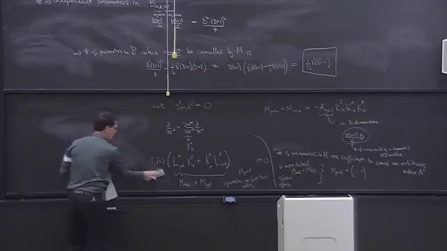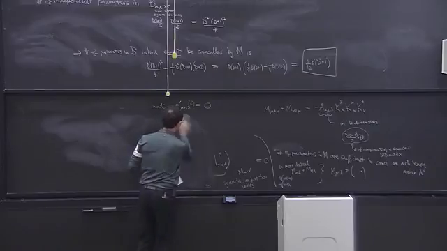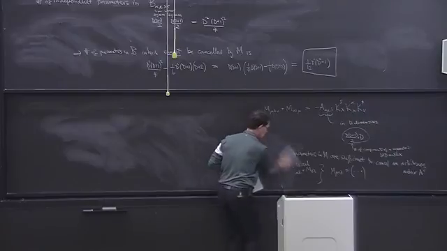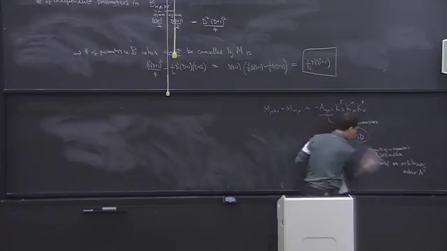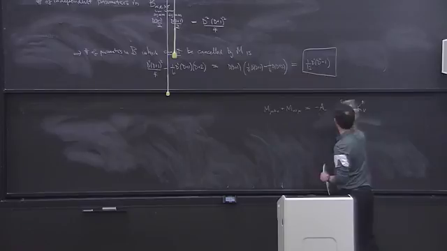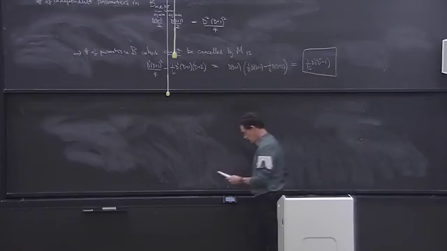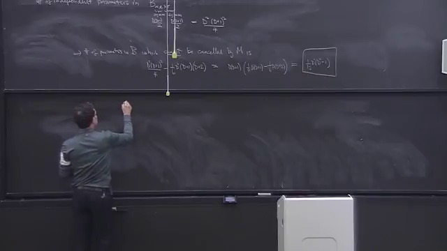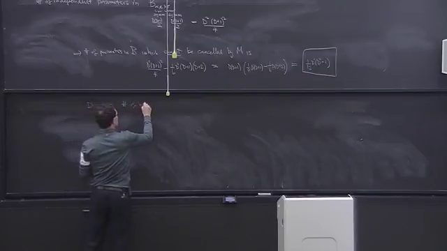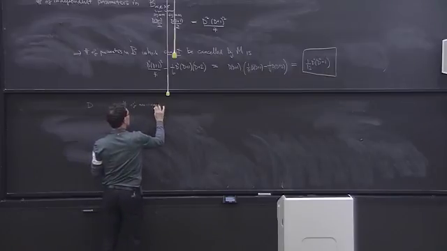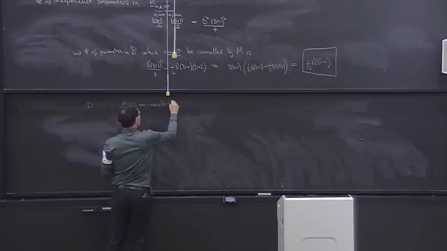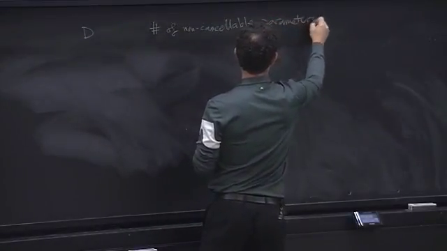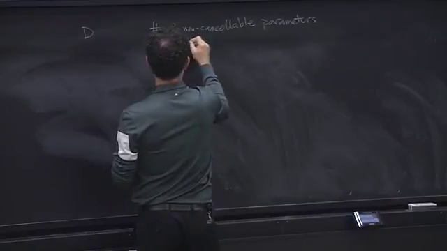So let's just work it out for various d. So d, the number of non-cancelable parameters in the second derivatives of g.